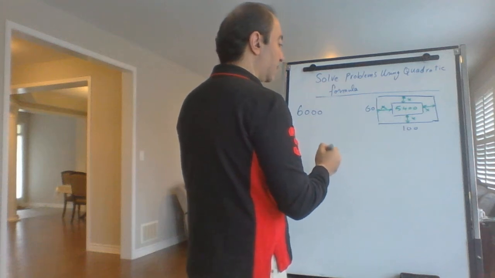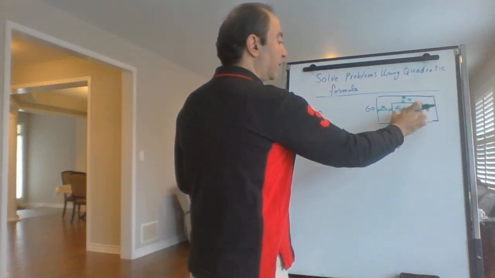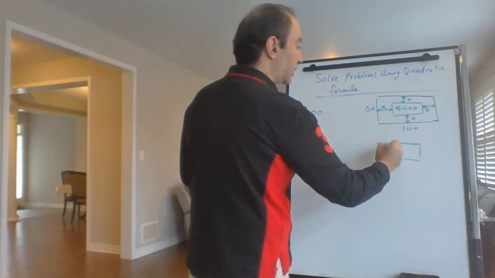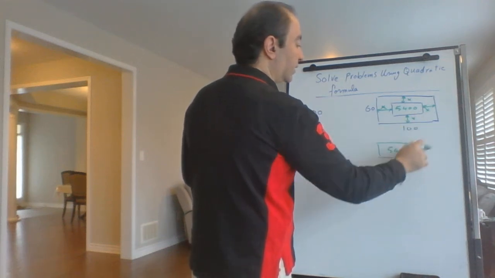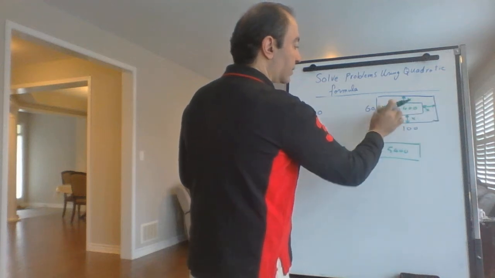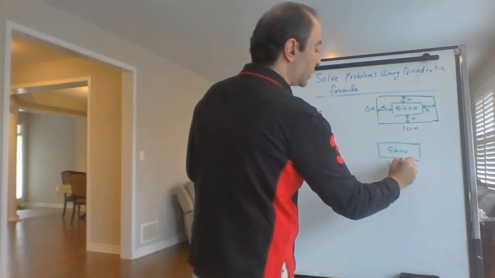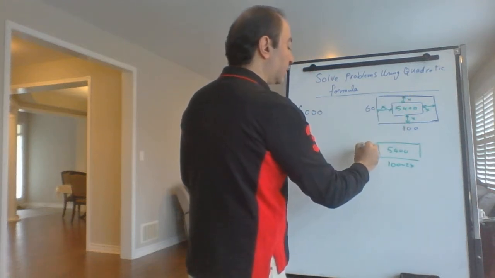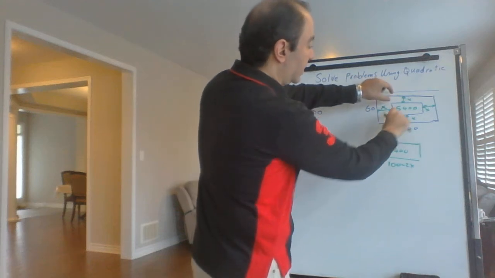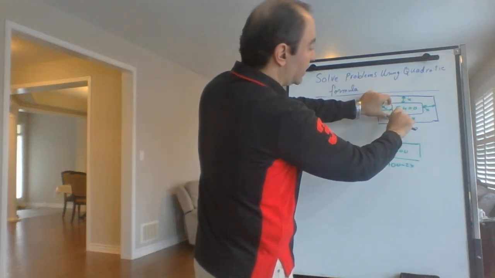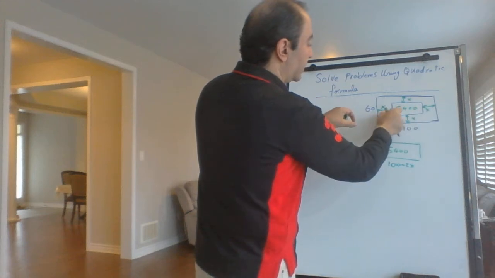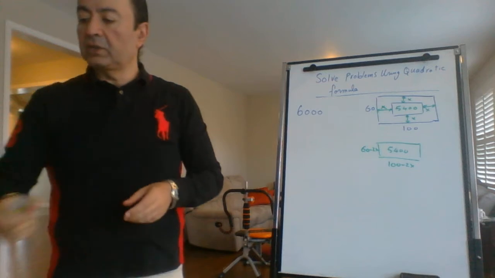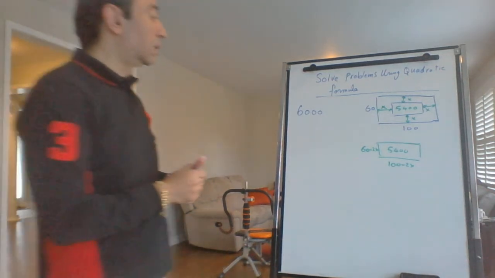In this case, this width will be 100, so now the 5,400, the green part, will be 100 take away this 2x, so it will be 100 minus 2x, and this will be 60 take away the 2x. This x and this x subtracted from the 60 will give us this length, and this x and this x subtracted from 100 will give us this length. Okay, now we need to find the x.